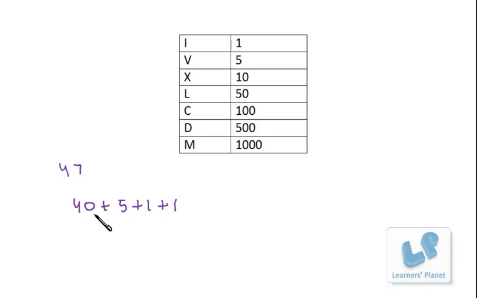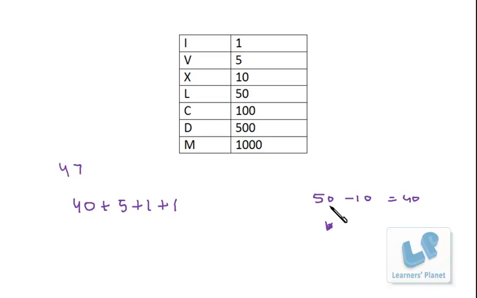Now how do I write 40? What I can do is, if I write 50 over here and if I deduct 10 from it, I'll be getting 40. Now if I wish to deduct 10 from 50, what I have to do?